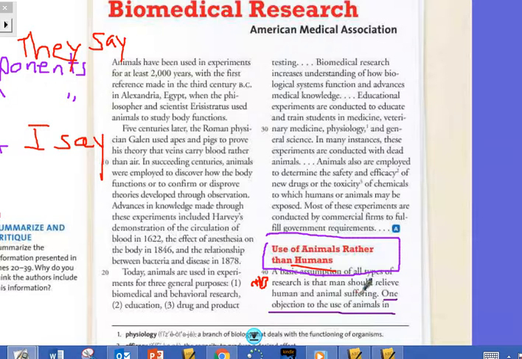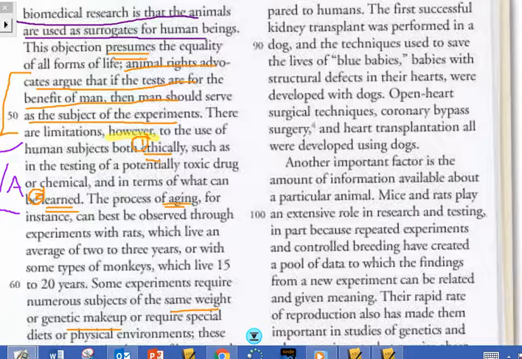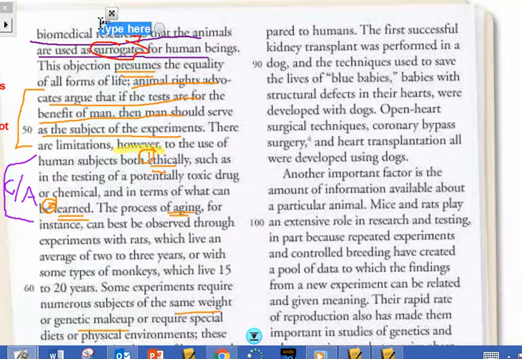"A basic assumption of all types of research is that man, humankind, should relieve human and animal suffering. One objection to the use of animals in biomedical research is that animals are used as surrogates for human beings." Surrogate means replacement. What does surrogate mean? Replacement. Animals are used as a replacement for human beings.